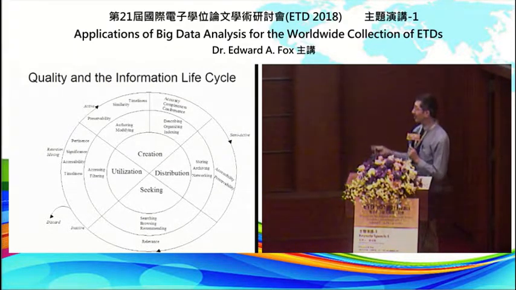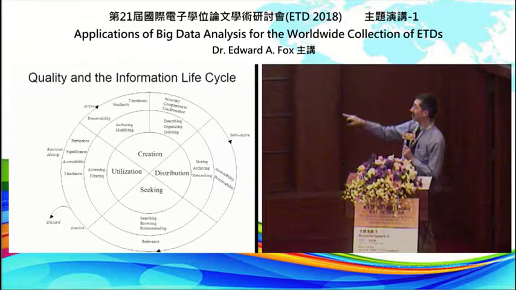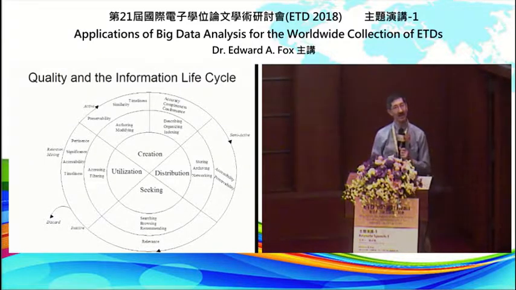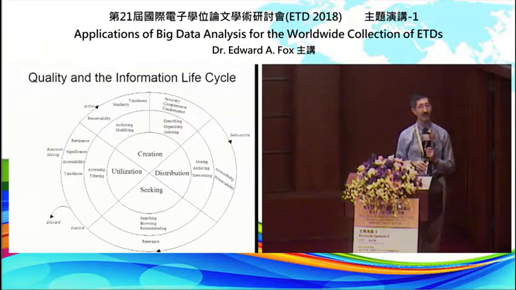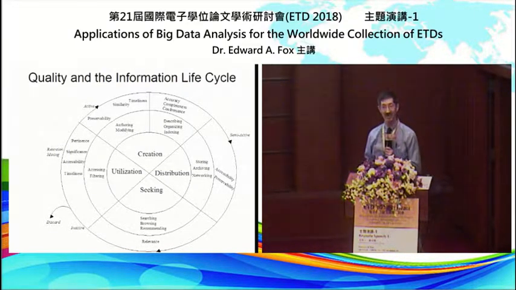So we can look at the picture from the center out, have these sort of four big phases, and then around that we have another circle here, which talks about more of the details. And then the circle on the outside has to do with the quality. This is something we don't always remember. Libraries have become helpers of publishing and of access.